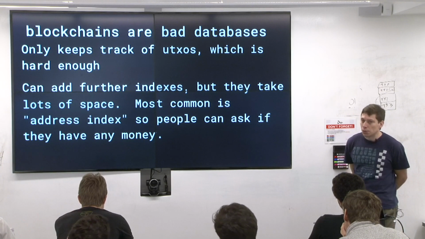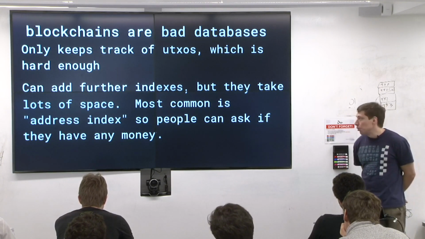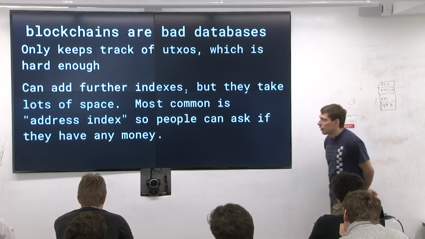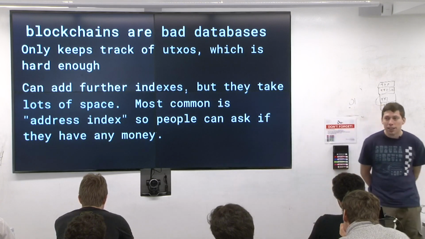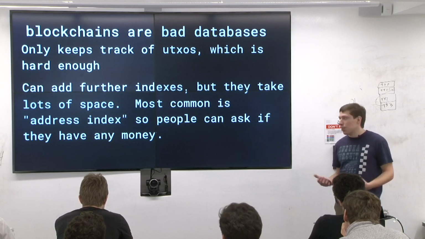Those types of indices would take a lot of extra space and add a lot of CPU work, things like that. So a very common thing is an address index, so people can ask if they have any money. So the second to last one where you say, hey, I have this key hash. Do I have any money? Do I have any transactions?